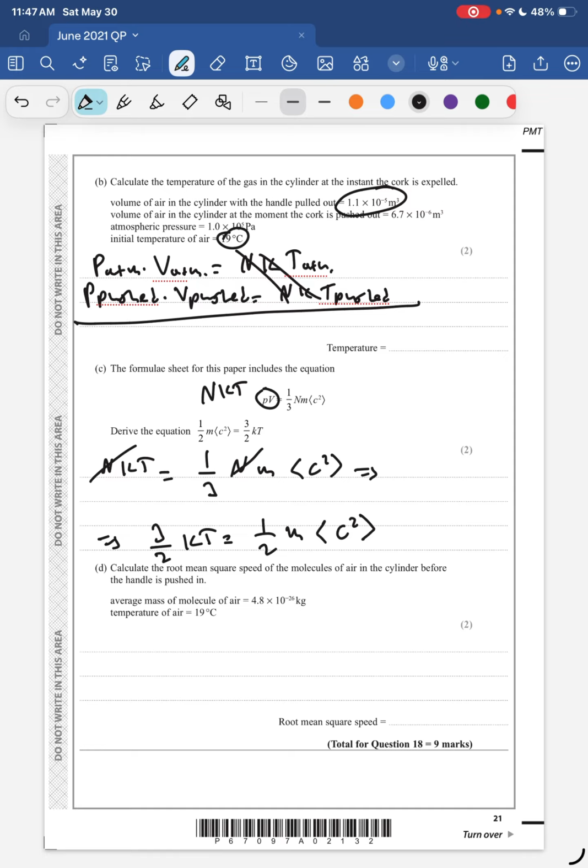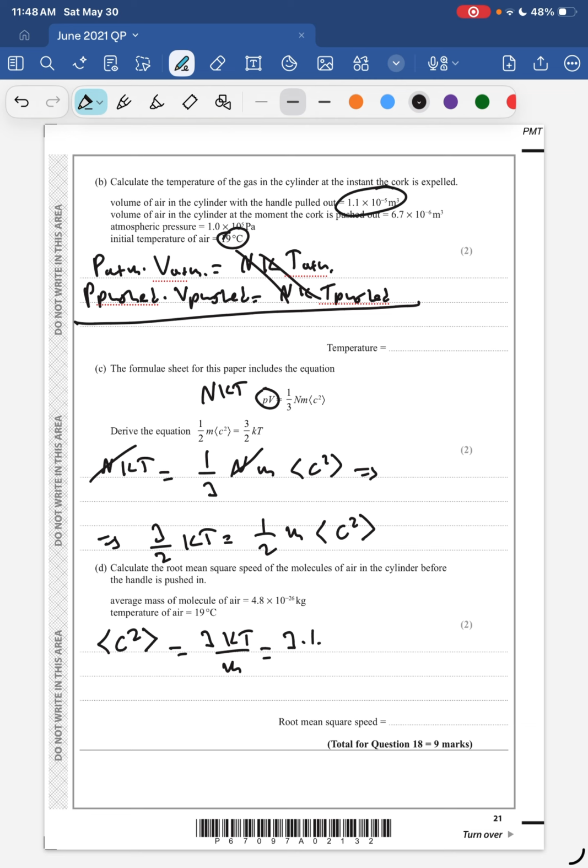Okay, D. Calculate the root mean squared speed of the molecules of air in the cylinder before the handle is pushed in. And they give you the average mass of molecule of air and the temperature, which is all we need. So C squared is 3 kT over m.